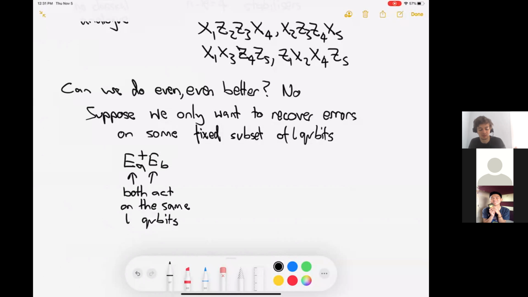So this means E_A dagger E_B itself acts on at most L qubits.